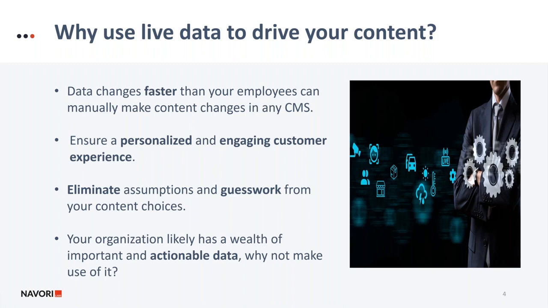You can get probably somewhat close, but rather than spending all of that time, we recommend, again, using live data and smart rules to automate your content choices. So rather than guessing, let's use the actual real information that we have access to prioritize the content that is most important and relevant to whatever viewers or shoppers or employees we have near any given screen at any given time.